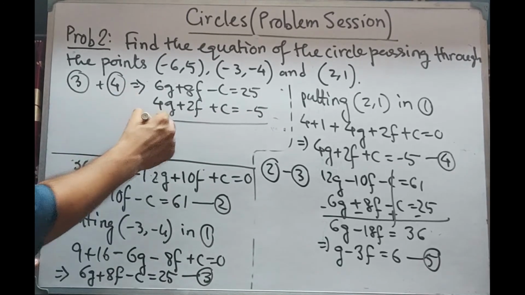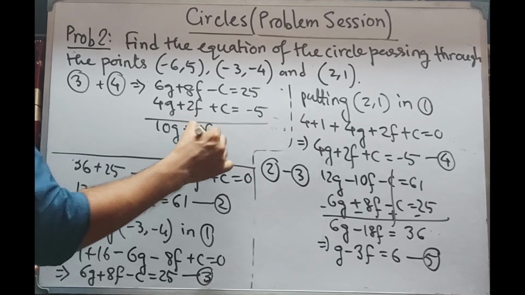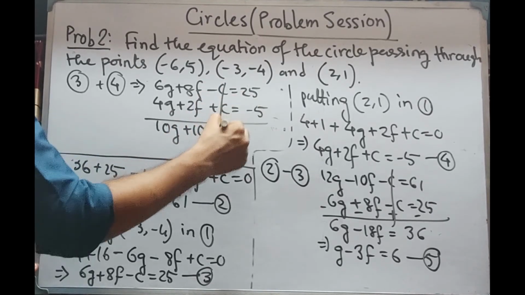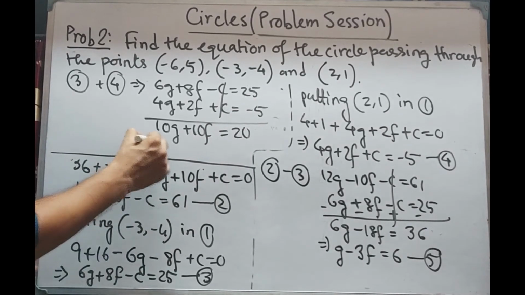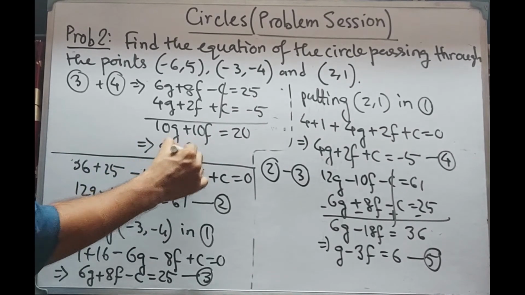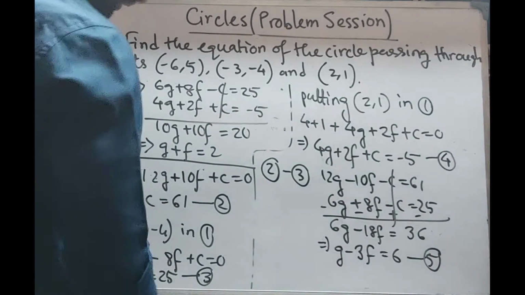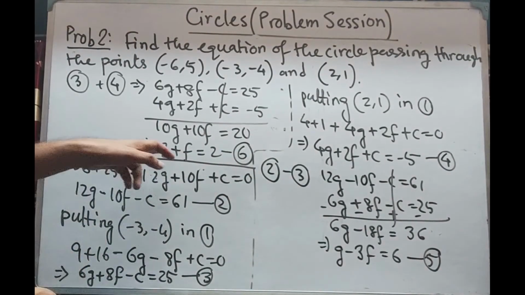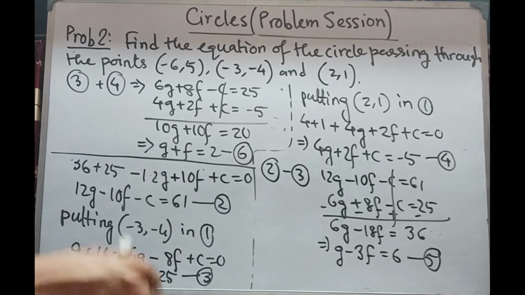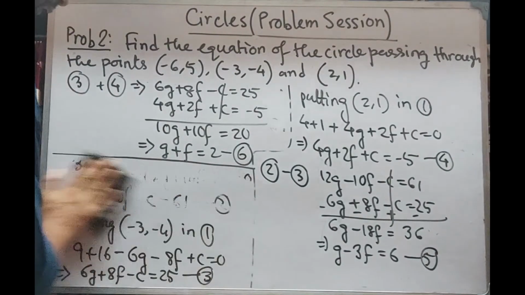So we can add these: 10g plus 10f equals 20. See the very simple relation we are having: g plus f is equal to 2. Now this is our sixth, so from the fifth and sixth equation we can easily find the values of g and f.